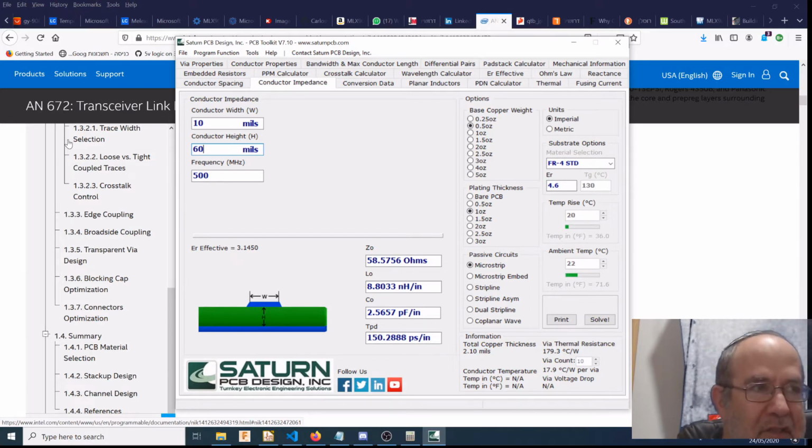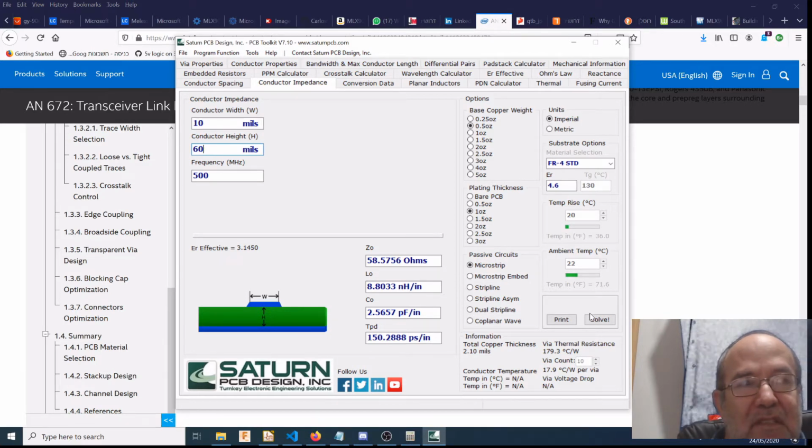So 60 thousandths of an inch is 1.6 millimeters. 1.6 millimeters is your average run-of-the-mill PCB that you're going to get from Seeed or from JLC PCB.